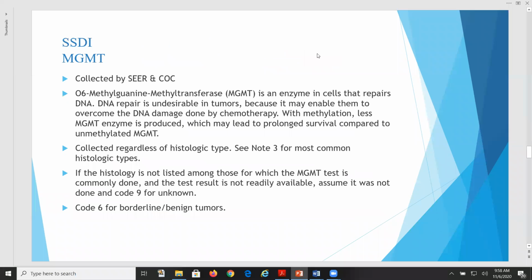And then our next SSDI is MGMT, which is collected by SEER and COC. I'm not going to say that long tongue-twister word, but it is an enzyme in cells that repairs DNA. DNA repair is undesirable in tumors because it may enable them to overcome the DNA damage done by chemotherapy.